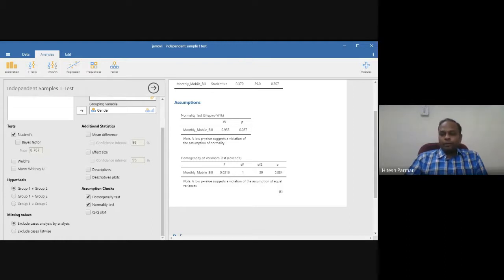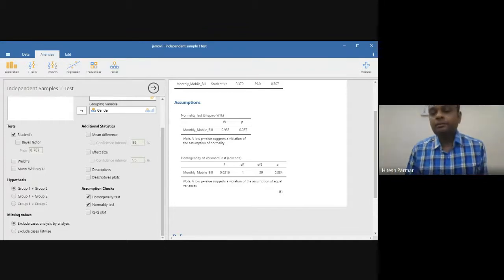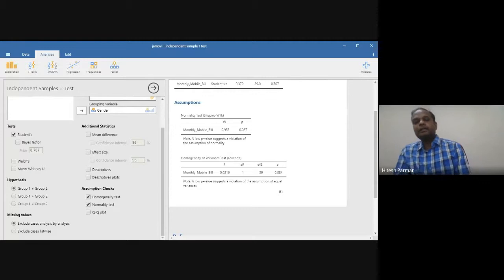I hope you people understand it. Null hypothesis is data are normally distributed. P-value is greater than 0.05. So you fail to reject the null hypothesis, and you can confirm that data are normally distributed. Is it okay, everyone? Understood?